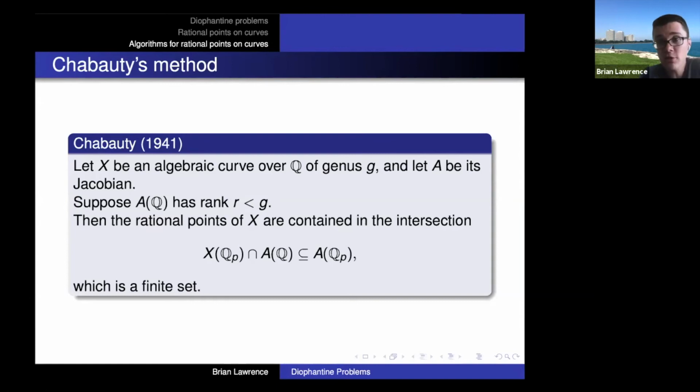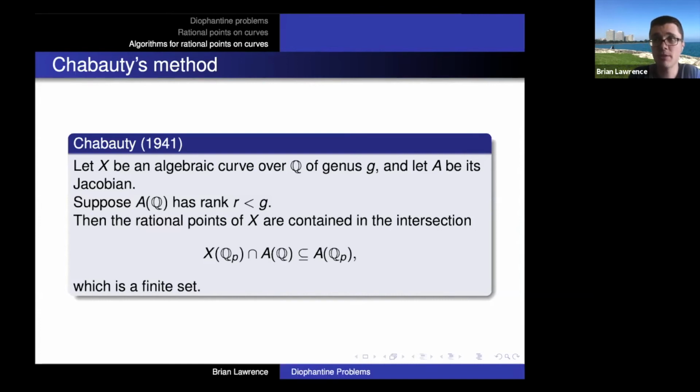So because of that, first of all, you get a proof of Mordell's conjecture in this setting. Notice this is 40 years before Faltings proved Mordell in general. And second, this is maybe something you can explicitly compute. You can compute the embedding of X into its Jacobian. You can compute, at least, let me say this carefully, in practice, you often can compute the group of rational points on an abelian variety.